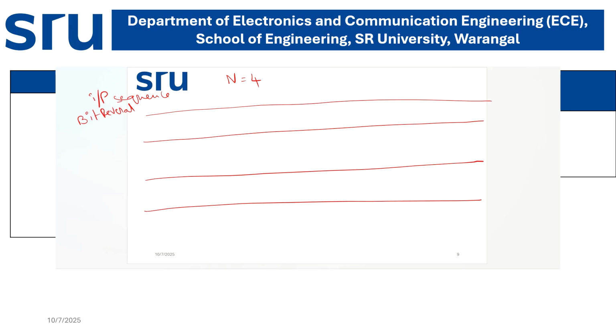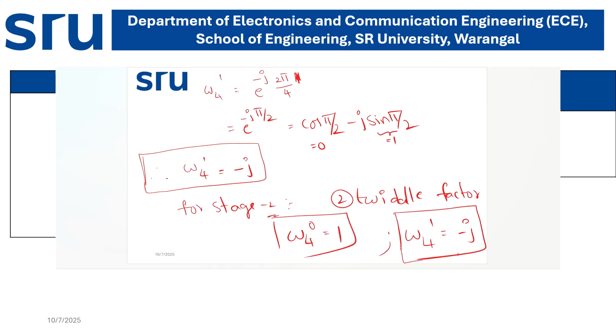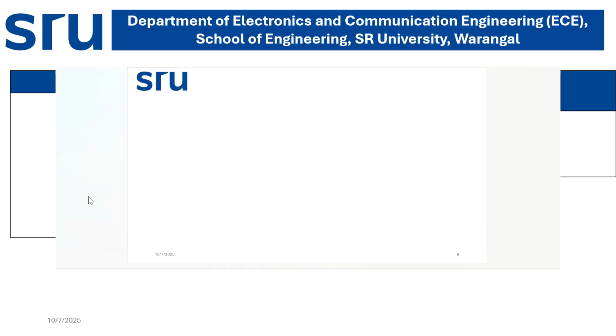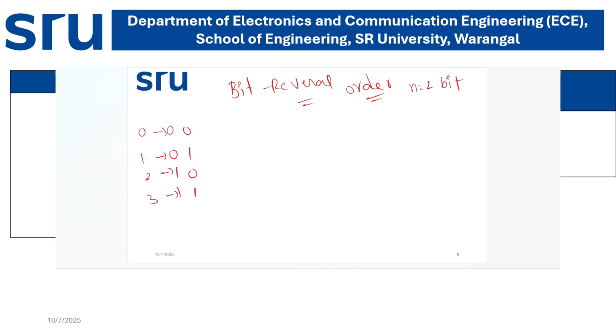So in bit reversal order, why it is bit reversal order? So before going to this, first bit reversal order, whenever, suppose if you are having 2 bits, n is equal to 2 bits, in digital electronics we can make it as 4 combinations. So this is decimal number 0, decimal number 1, decimal number 2 and decimal number 3. This is a normal order.